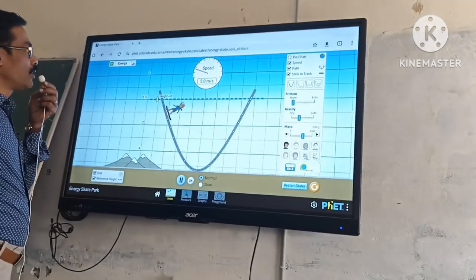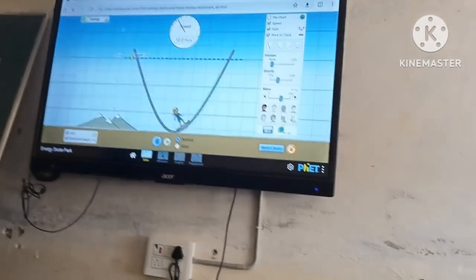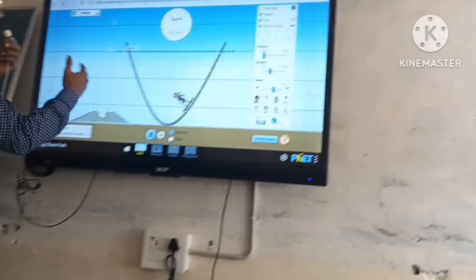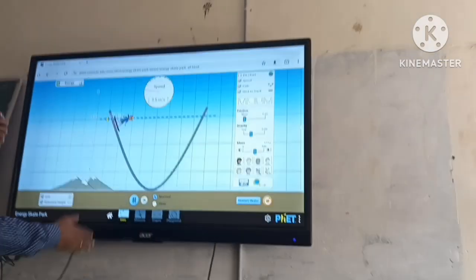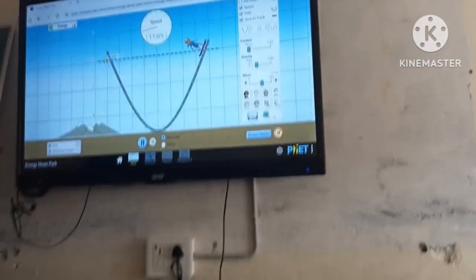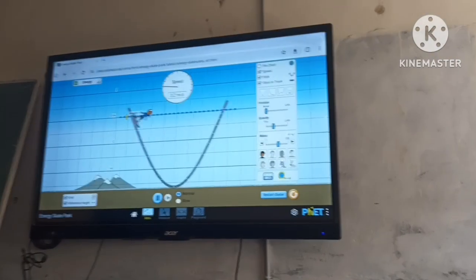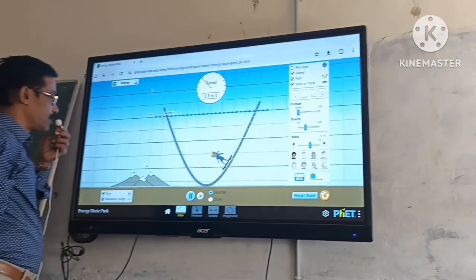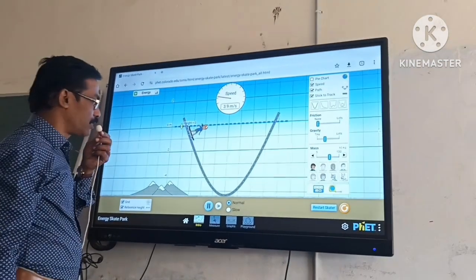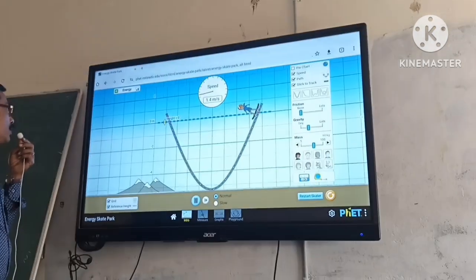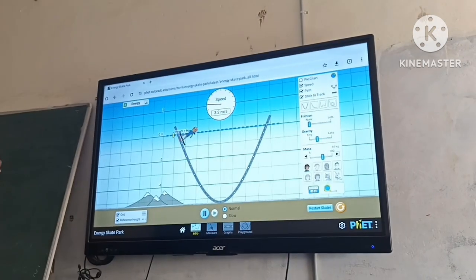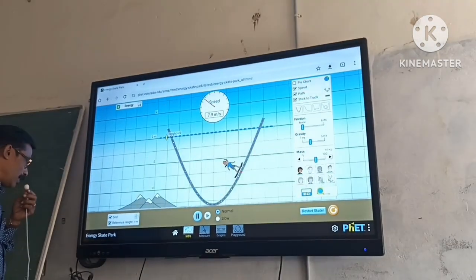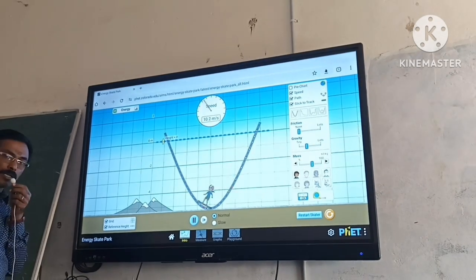So based on that, you can observe the speed of the person. It is varying, and when he reaches the height, he gets potential energy. When he comes down, that potential energy gets converted into kinetic energy. This is a wonderful example of an interactive PhET simulation, energy skate park.